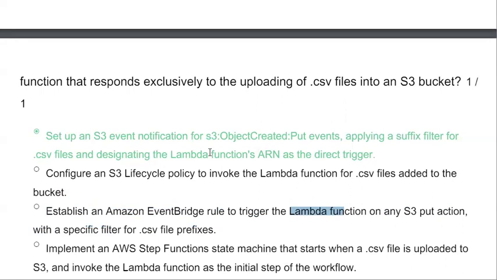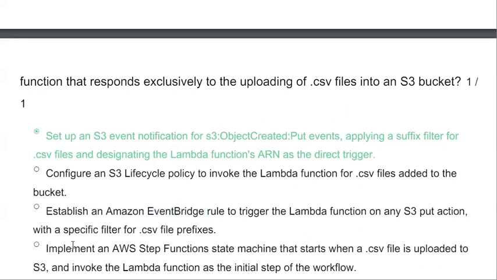For a particular event generated under S3, we can directly trigger the Lambda function. So when do we use EventBridge, sir? If you want to trigger more than one service at a time, then you need to choose EventBridge.